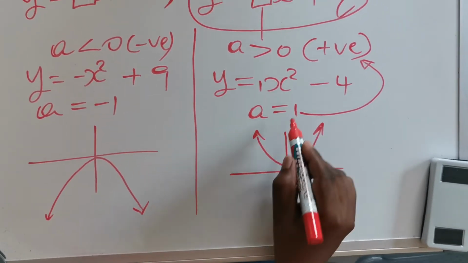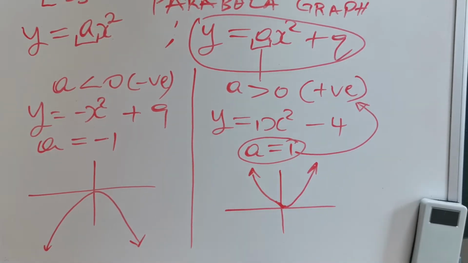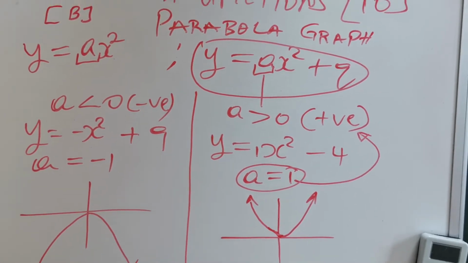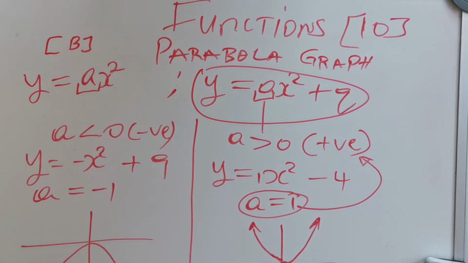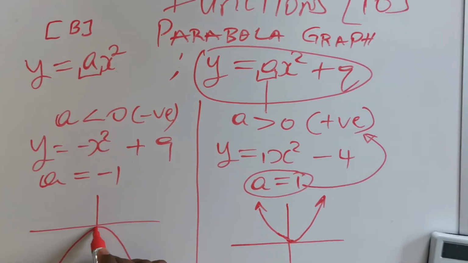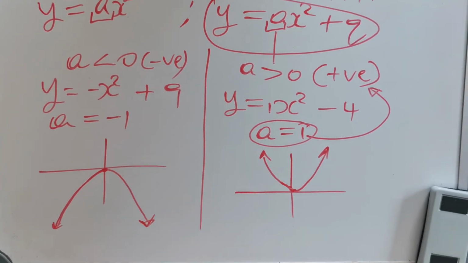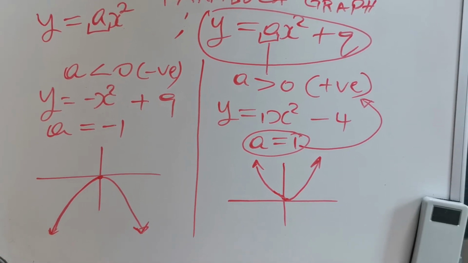If a is positive, we said this one is a smile face, a happy one. However, if a is negative, this is a sad face. So that is basically what we have to take note of.